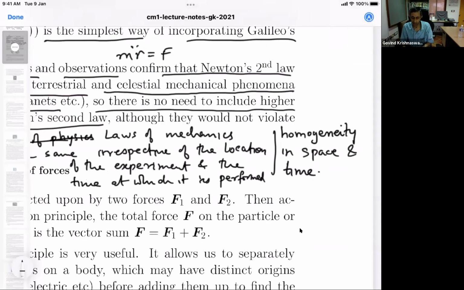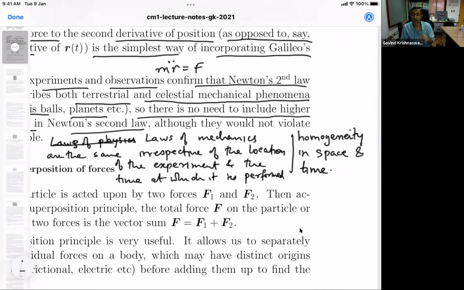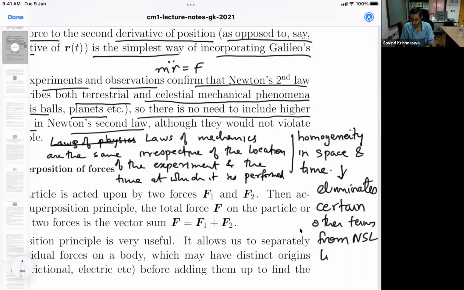So when I say laws of physics, I should actually have said that it is observed that physical phenomena or results of experiments are reproducible when performed in another location under the same conditions, or at a different time, again under the same conditions. And that eliminates certain other terms from Newton's second law, like explicit dependence on the location of the particle.